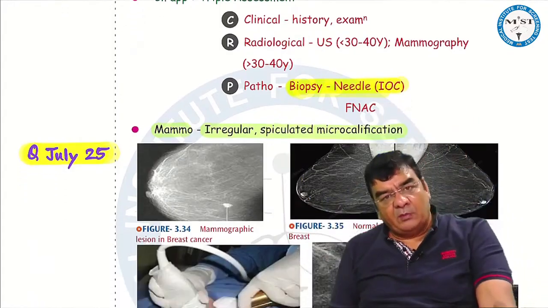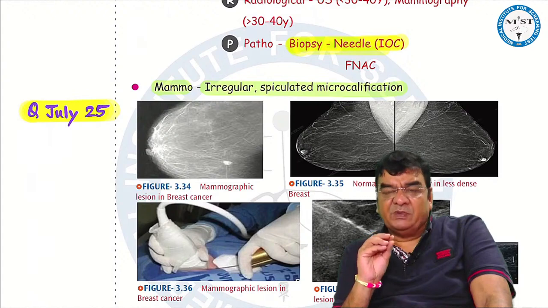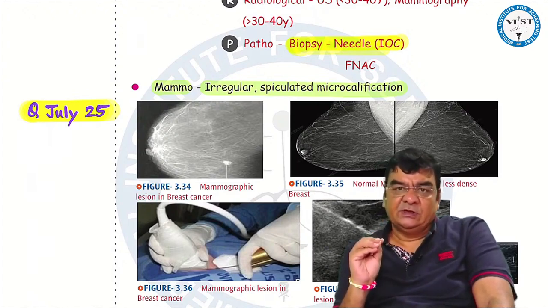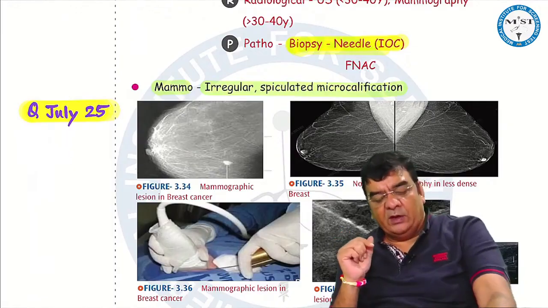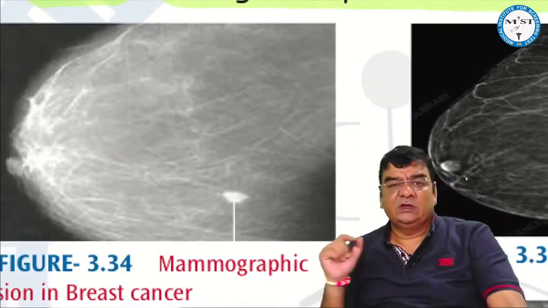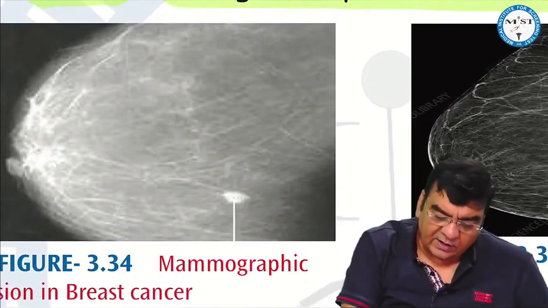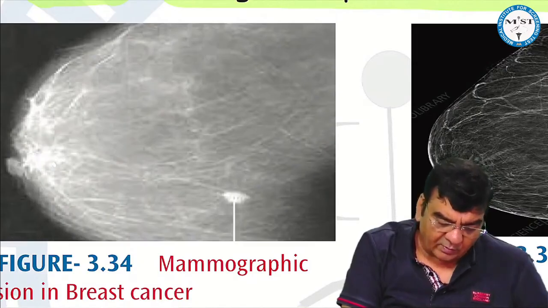When we are doing mammography, if we find irregular, spiculated, spiky microcalcification, it goes in favor of malignancy. And why is mammography not done in young females? Because the young female breast is more dense and glandular, and we can miss some lesion on mammography.